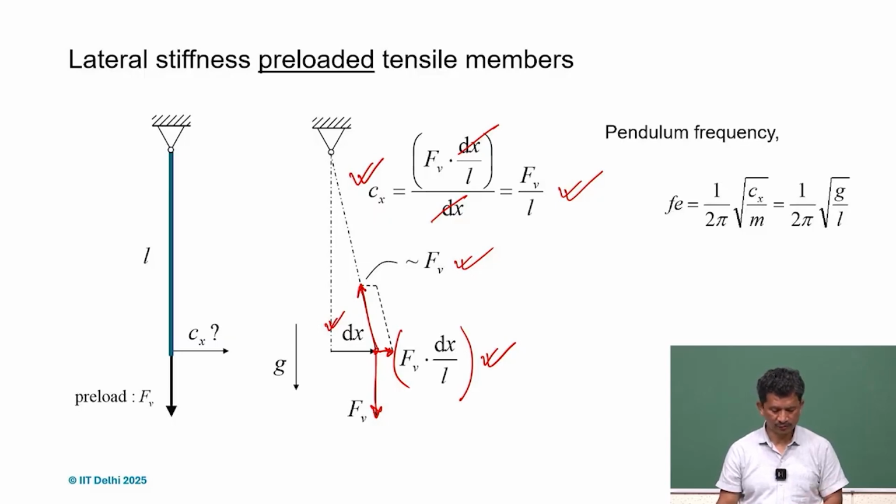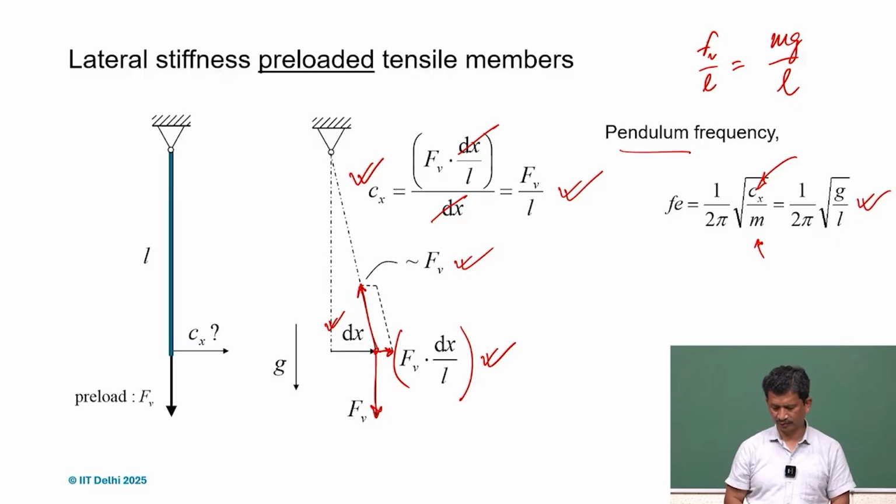Another way to check is the pendulum frequency. In a simple spring and mass system, if we consider the square root of Cx by m, and simply replace Cx by Fb by L, which for a simple mass under gravity is mg by L, the m gets cancelled, and we are left with the square root of g by L. It's a well known result, and I think it matches with what we are getting here.